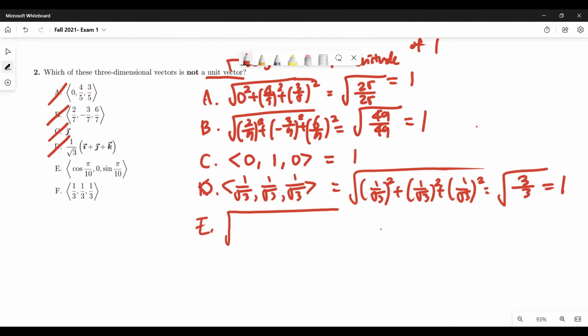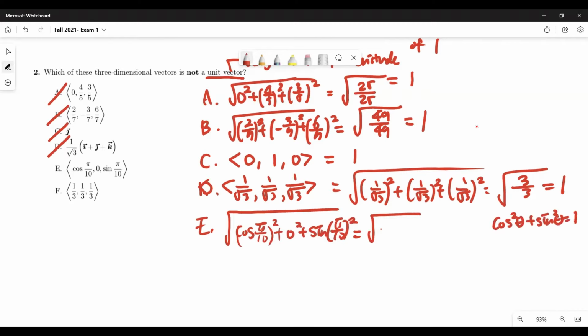If you take the square root of cos squared π/10 plus 0 squared plus sin squared π/10, we know that cos squared θ plus sin squared θ is 1. So it will be 1 plus 0, which is 1.